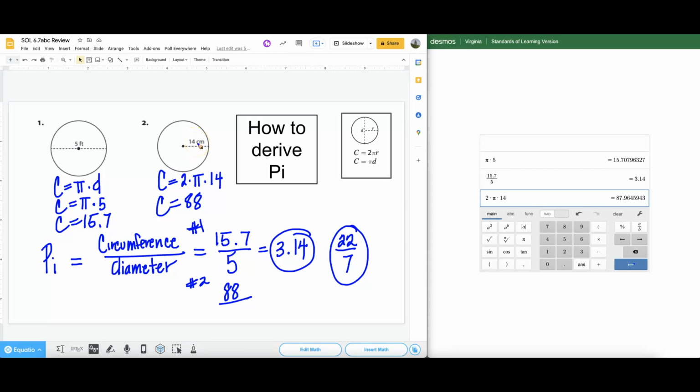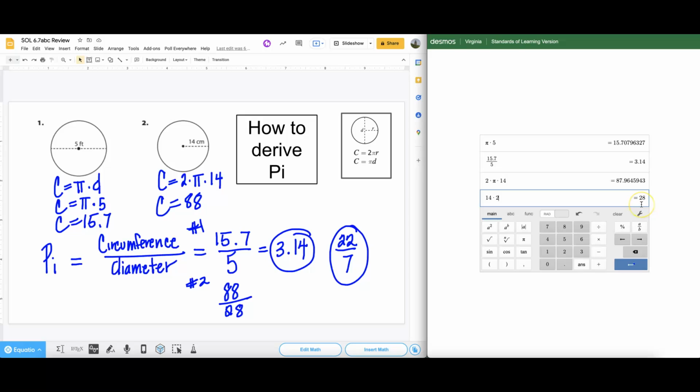So 14 times 2 is going to be 28. If you wanted to check your own calculations, because I know you guys like to check your calculations, I put in 14 times 2, which will give me the diameter, because remember the radius times 2 gives us the diameter.